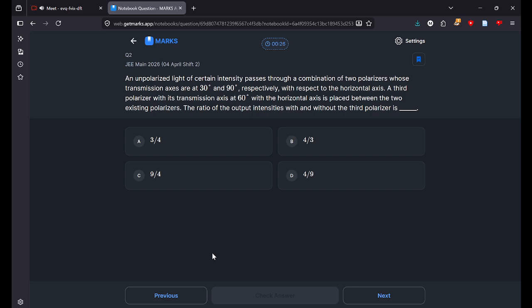A third polarizer, whose transmission axis is 60 degrees to the horizontal axis, is placed between the two existing polarizers. The ratio of output intensities with and without the third polarizer is. That's a very good question.